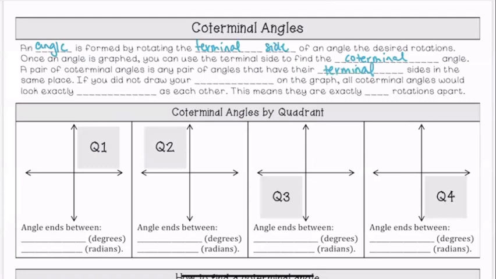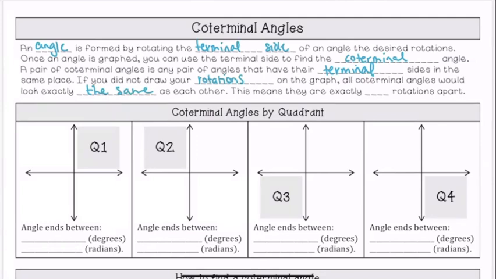If you did not draw your rotations on the graph, all coterminal angles would look exactly the same as each other.